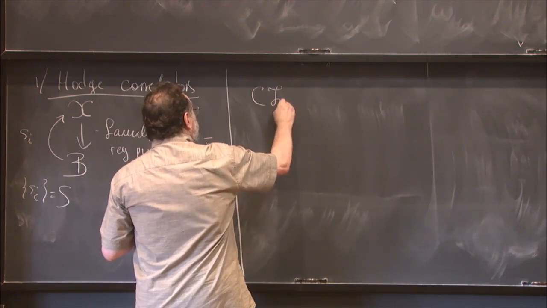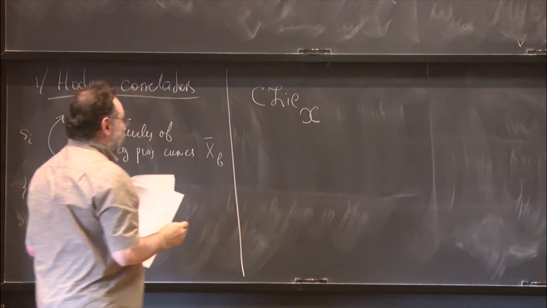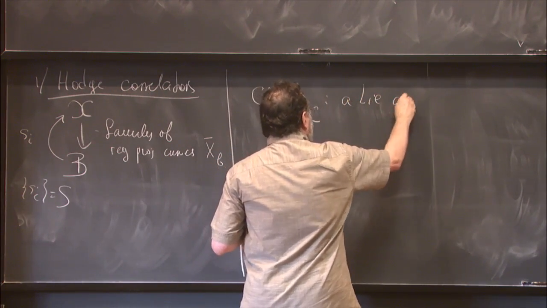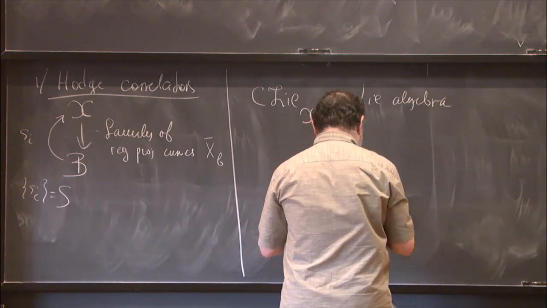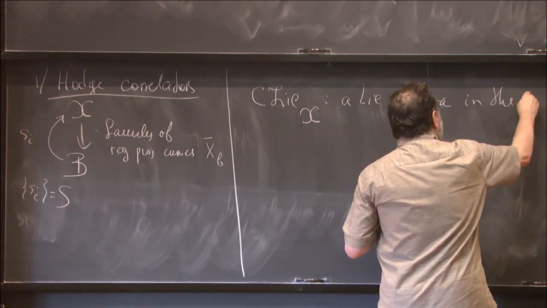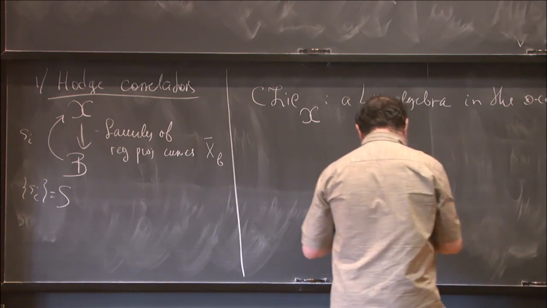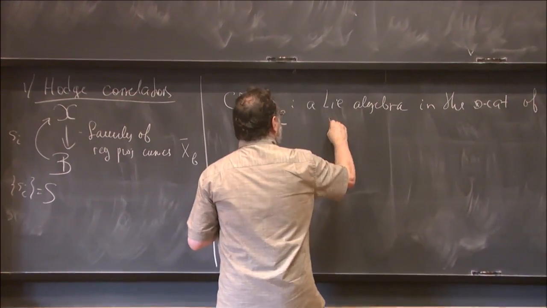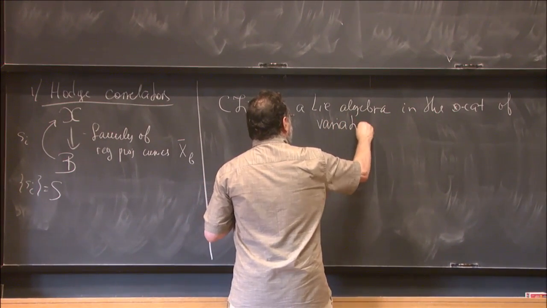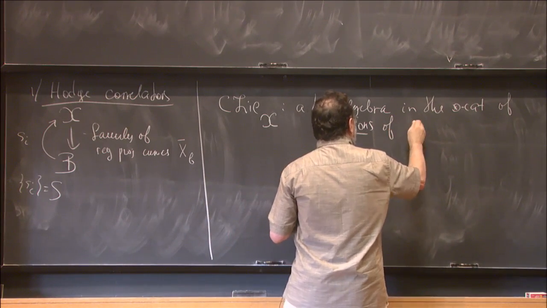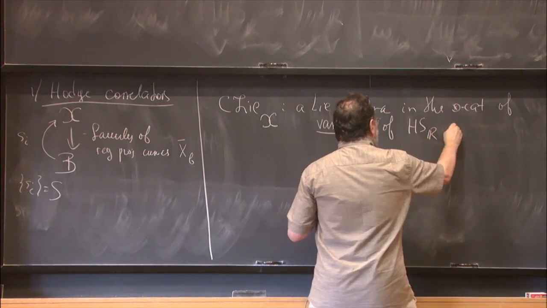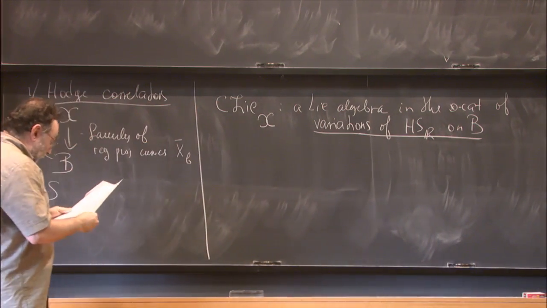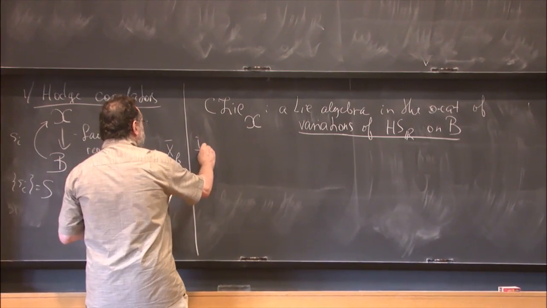And so now we can form the cyclic Lie algebra, but now it's a relative version. So this is a Lie algebra in the tensor category of variations of pure Hodge structures. Okay, so in particular, it has the following data.